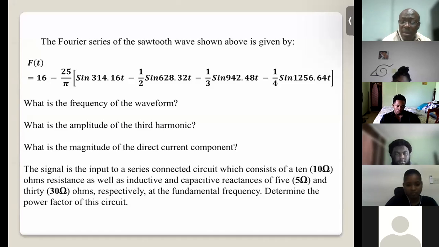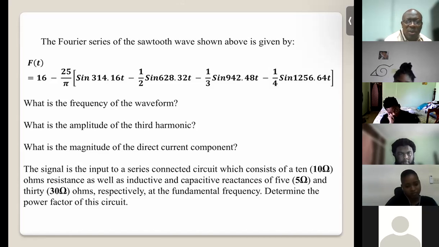Now, why I said he's almost correct is that it is important that you do a quick check before you assume that the first sinusoid in the expression is the fundamental. Because I said at the start of the class that not all Fourier expressions contain the fundamental. You remember me saying that?